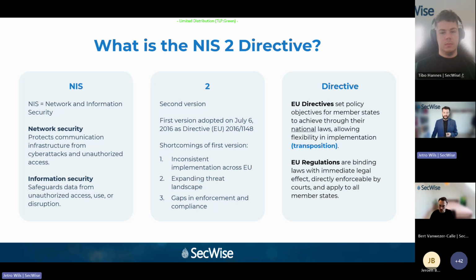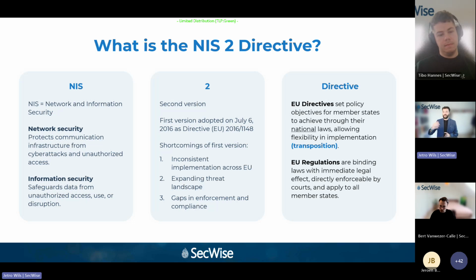And a directive basically sets the outcomes or the objectives, but each member state still has to, we call it transpose, you could say, adopt the directive into national law. And that's why it can take some time, and there are different speeds in Europe. Right?